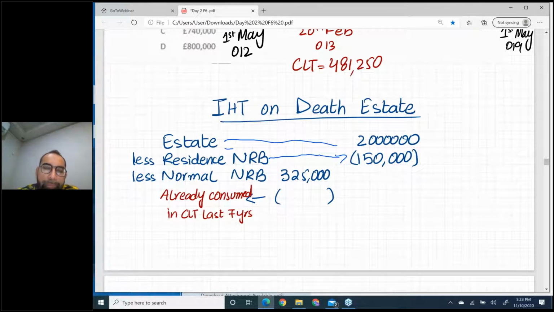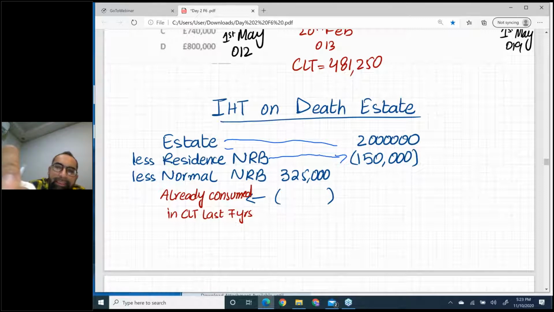Okay, now the next step is normal NRB. We all know in this question normal NRB at the time of death was 325,000 available. But you know, for normal NRB you have to look 7 years back. As this is the death estate calculation, you will stand at the date of death and look 7 years back.